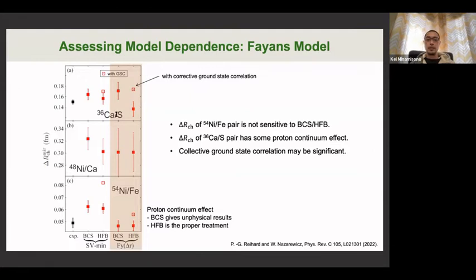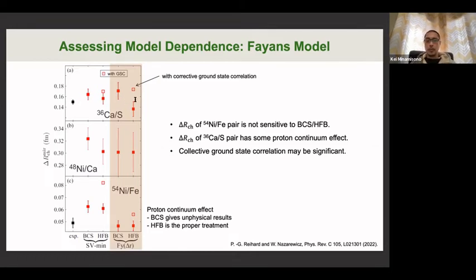On the other hand, if you look at calcium 36 and sulfur 36, calcium 36 is much closer to the proton drip line, and they do see some differences. So for this system, proper treatment of the proton continuum is important. Although their error bars are touching, with the experiment somewhere in the middle.